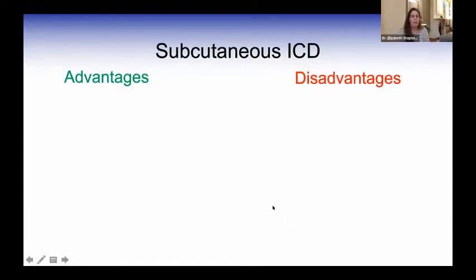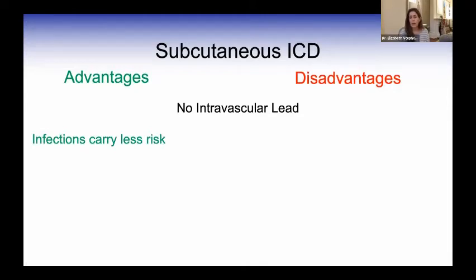To begin with, all of these are centered around the fact that there's no intravascular lead. That gives protection against the biggest downside of the transvenous ICDs, which are the potentially devastating effects of an infection, which can lead to endocarditis and even death.